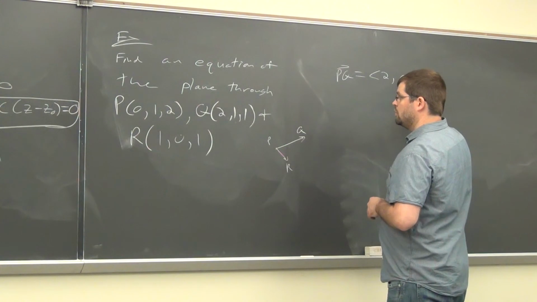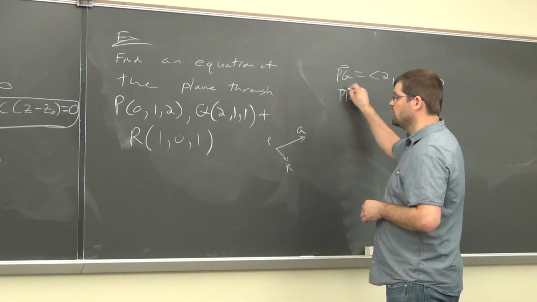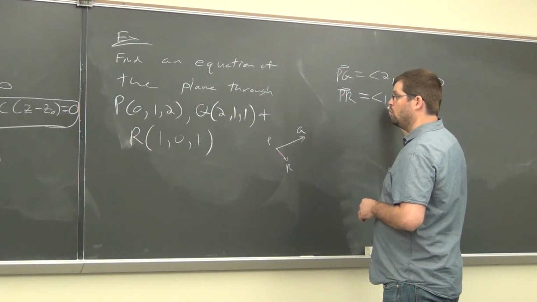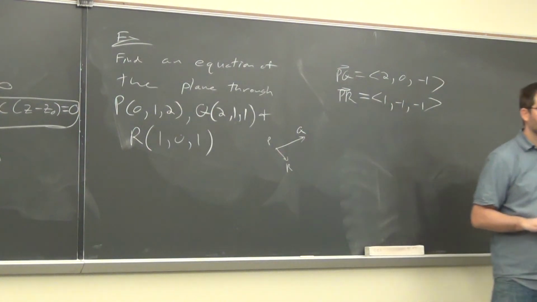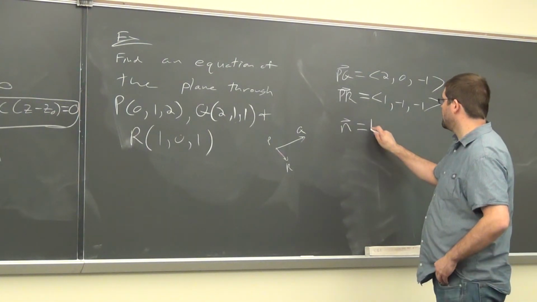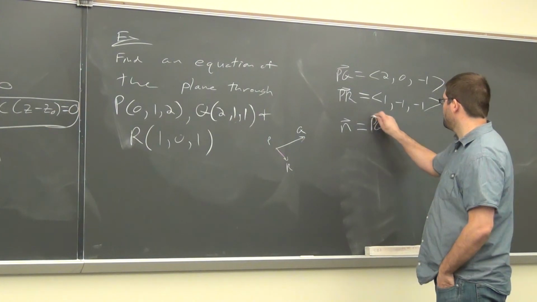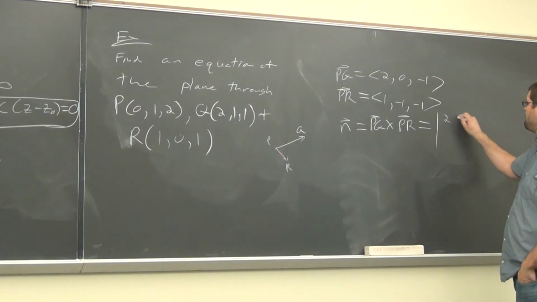So the vector PQ is 2, 0, negative 1, right? And the vector PR is 1, negative 1, negative 1. That's correct. And so now our normal vector is just PQ cross PR.